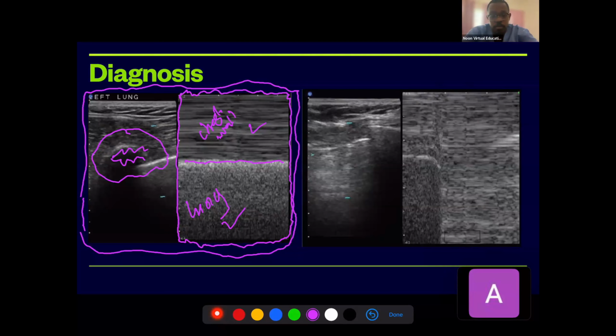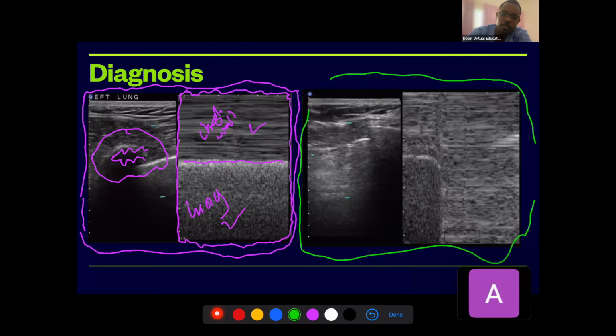Same patient, this is the right lung of the same patient, and this is the left lung of the same patient. This patient actually developed pneumothorax. So in the ultrasound, what do you see in the pneumothorax?